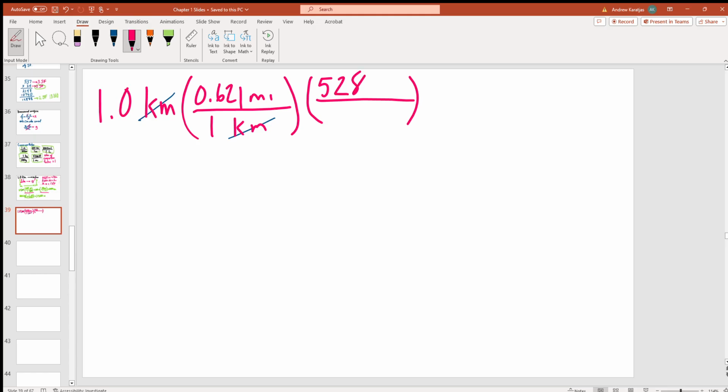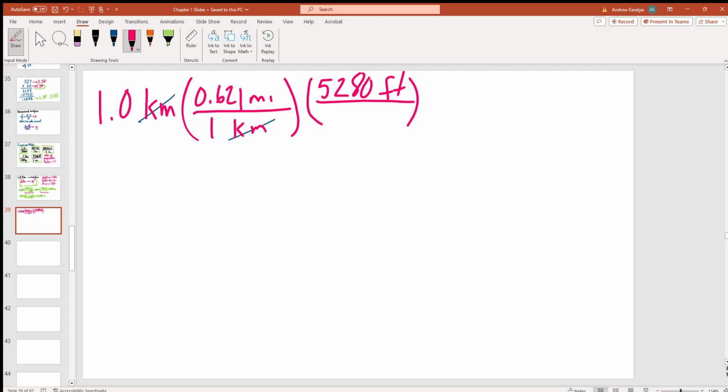So now we want to go from miles to feet. So we use our 5,280 feet is 1 mile. Again, putting miles on the bottom. So now miles will cancel out. We're left with feet.